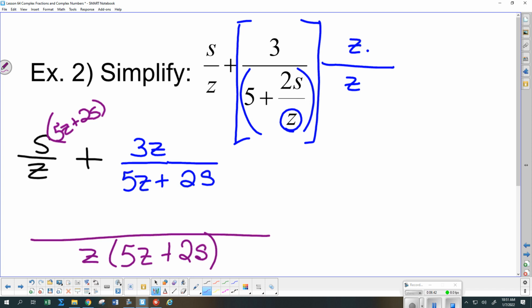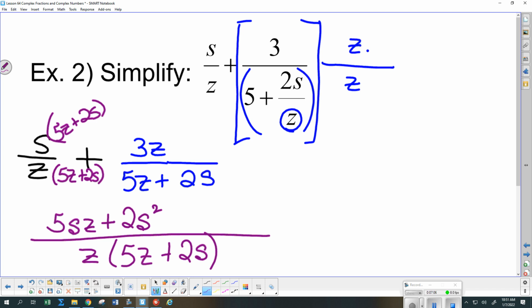I can't multiply just the numerator by that. Even if I actually do it, I have to write it down or the work is wrong that I'm also multiplying the denominator by that. So that one I distribute, and I have 5sz plus 2s squared, I think.